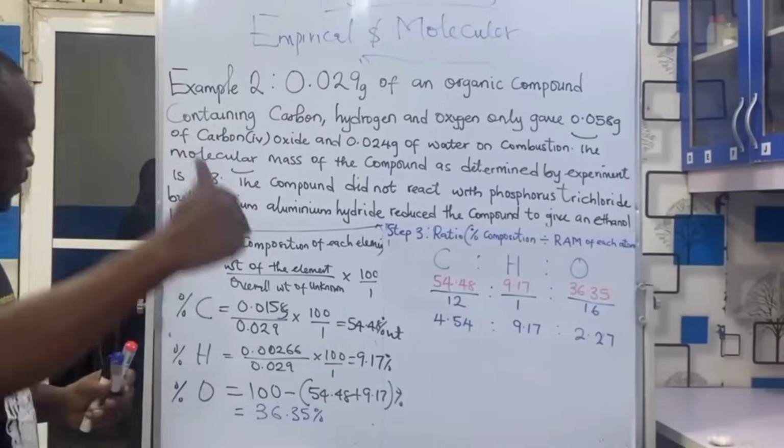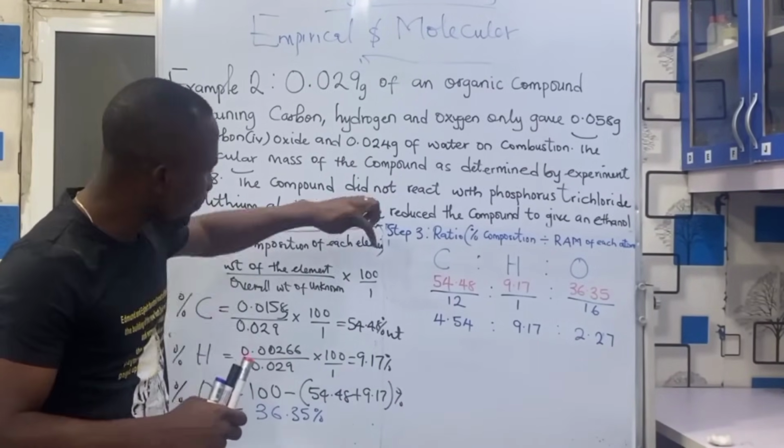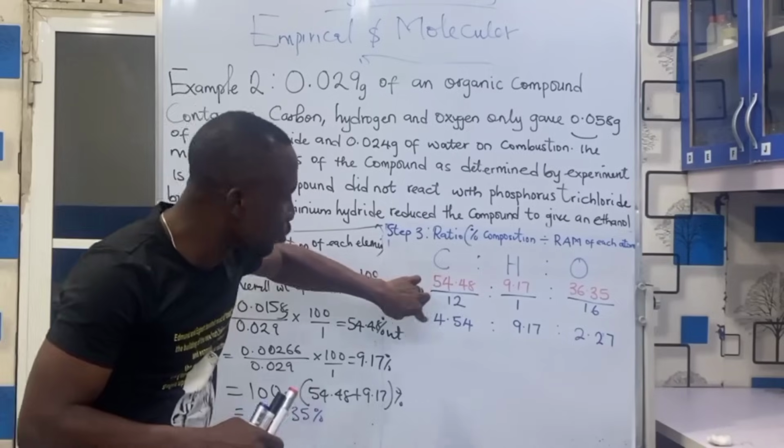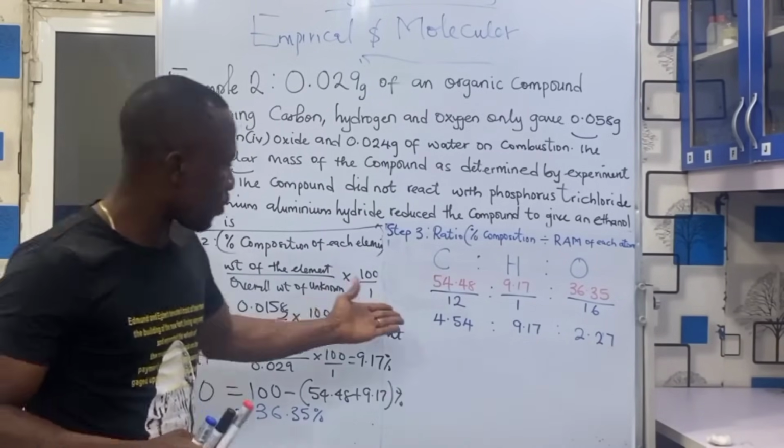Remember, as previously mentioned in the previous examples, example 1, you must divide through by the smallest number.